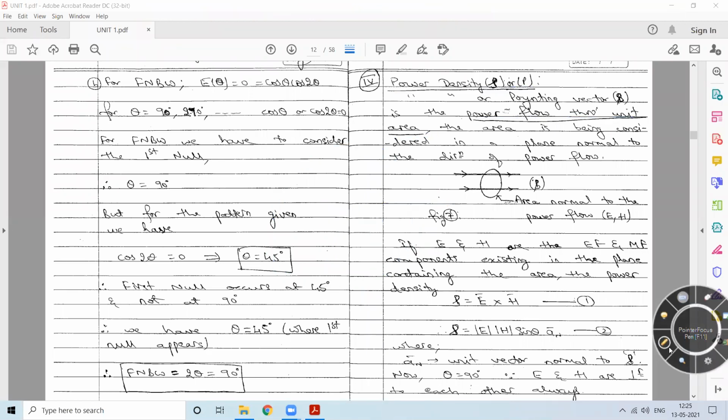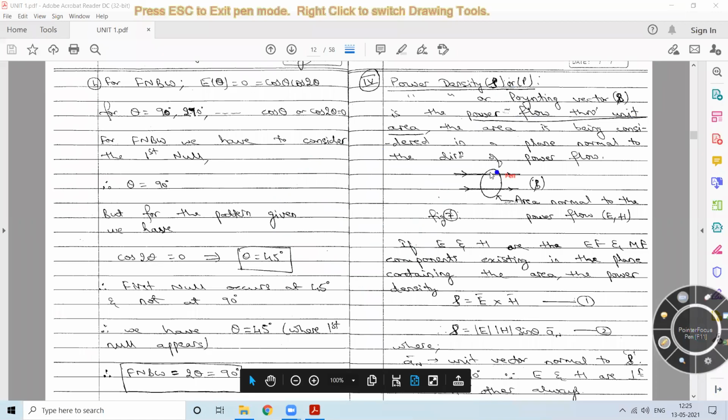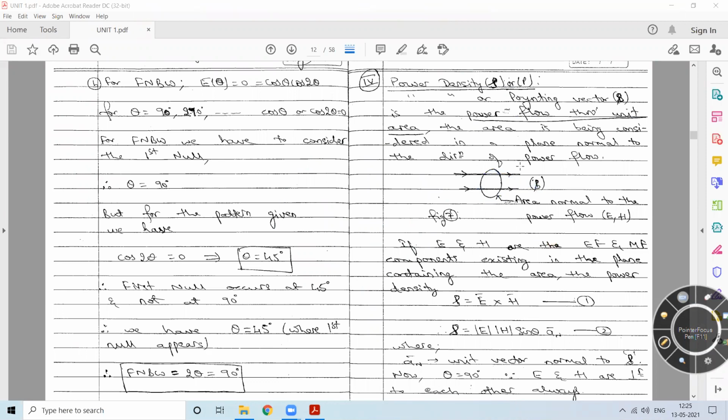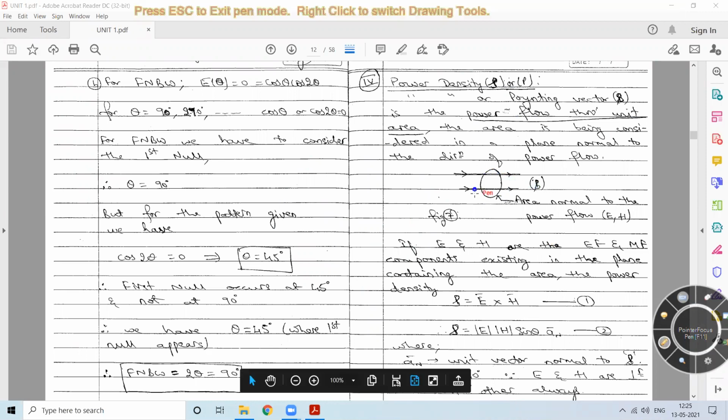That is what they have displayed here. The area considered is perpendicular to the power flow. So if I measure the power flow through this unit area, it will give me the power density.